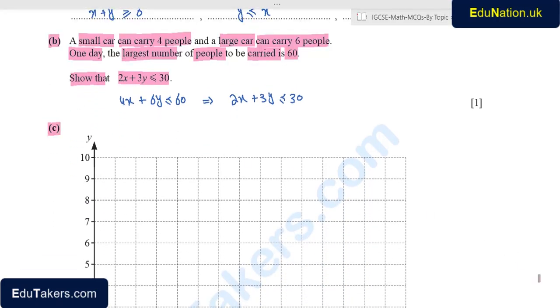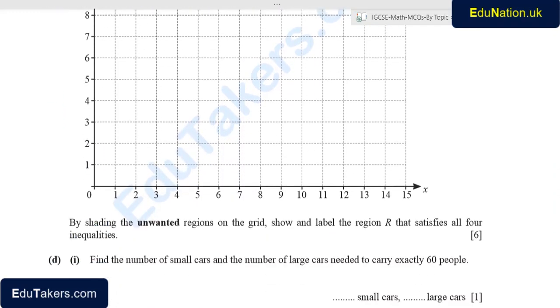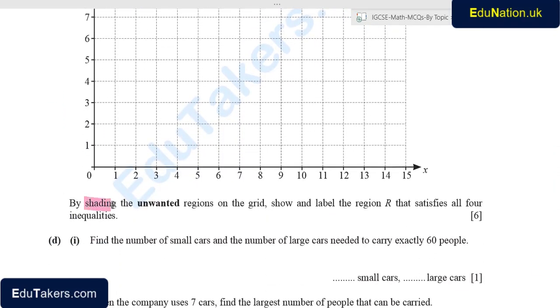Next is part C. By shading the unwanted regions on the grid, show and label the region R that satisfies all 4 inequalities.